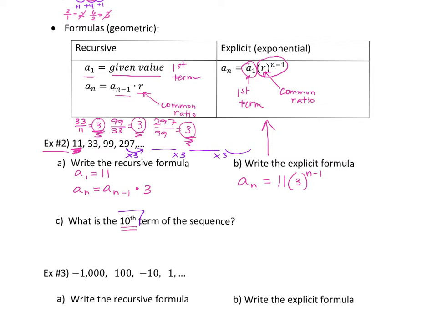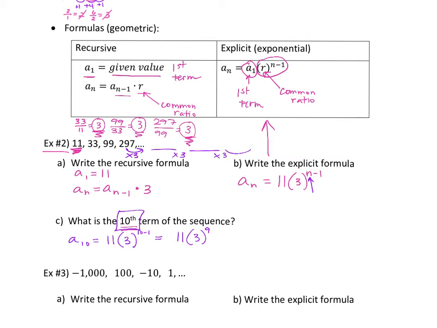Usually when they ask you for some number of term, you just plug it into the explicit because that is your n that they gave you. So the 10th term, you would say a sub 10, the 10th term, equals 11 times 3 to the 10 minus 1 power. So what you're plugging in is 11 times 3 to the 9th power.